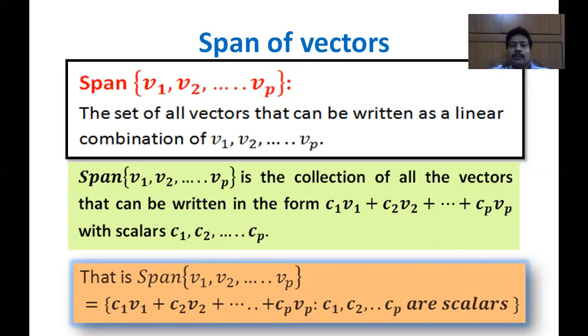So this is the formal mathematical definition. Any vector which can be written in this form is an element of span of v1, v2 and so on vp. So this is the definition of span of vectors.